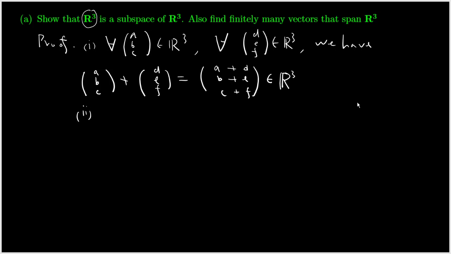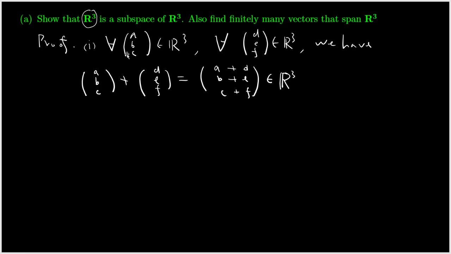Secondly, the second condition we want to verify is R3 is closed under scalar multiplication. So this one is kind of obvious too. We choose an arbitrary number. Sorry, I forgot to write something.